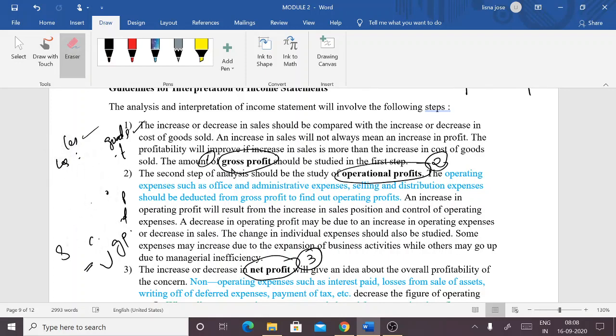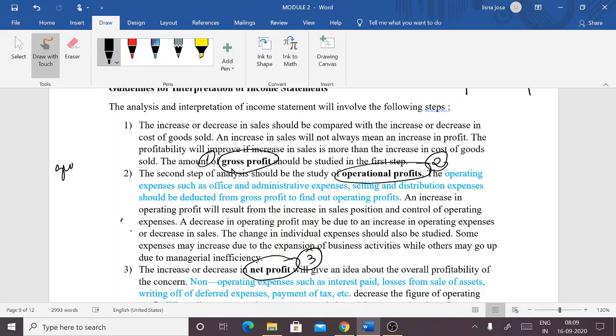Then the next thing that you need to calculate or identify is the operational profit of a company. Now we will see how we can calculate that. In the first step, we have the gross profit, which we have already calculated. And from this gross profit you need to deduct the operating expenses of a company.